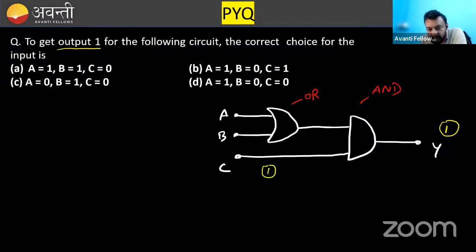That means this should be high and this should be high. Is this point clear? Both these should be high. If both of them should be high, then one thing is sure that C is going to be 1. Option B, very good. C is going to be 1. Or from the option point of view, I can clearly see that C is 1 in only B part. So we got the answer.